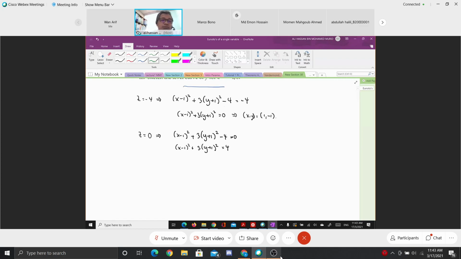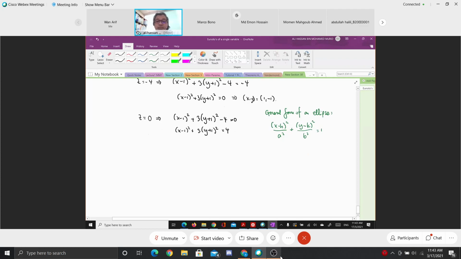What is the general form of an ellipse? It is x minus h squared over a squared plus y minus k squared over b squared equal to 1, right? This is the general form of an ellipse centered at (h, k). There are also major and minor axes.